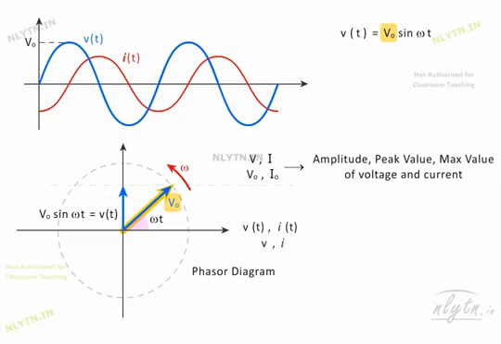And we will use small letters to represent their instantaneous or time varying values. Projection of this vector on the vertical axis gives the instantaneous value of voltage. That is, it gives the equation of time varying voltage.